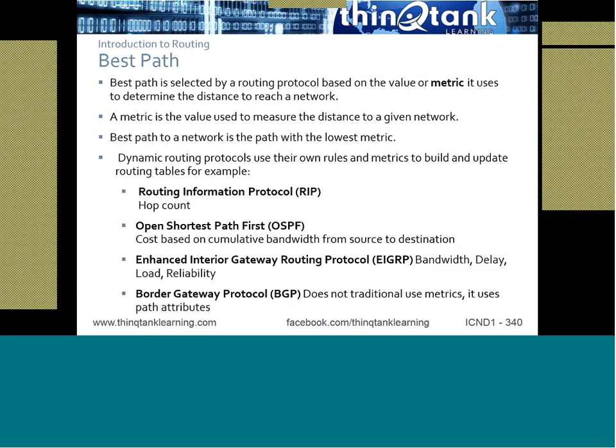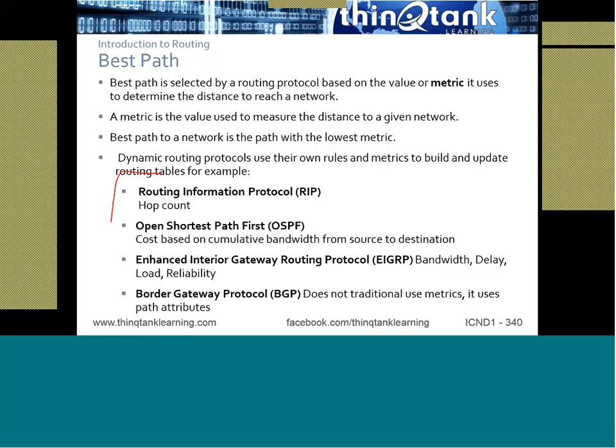The metric is a value used to measure distance to a particular destination. However, our routing protocols all choose how to get to that destination with different methods. The best path is going to be whichever path is measured with the lowest metric.